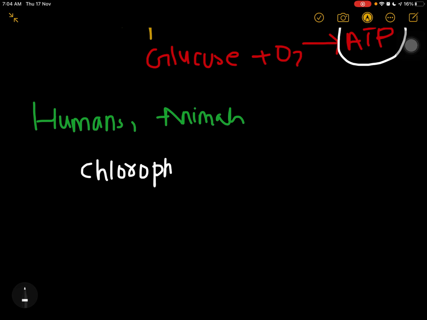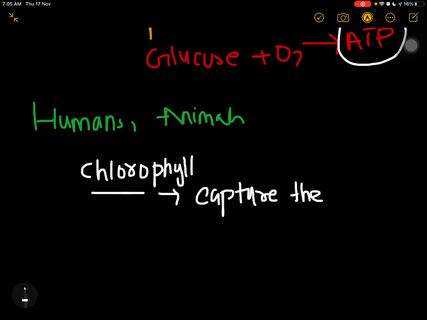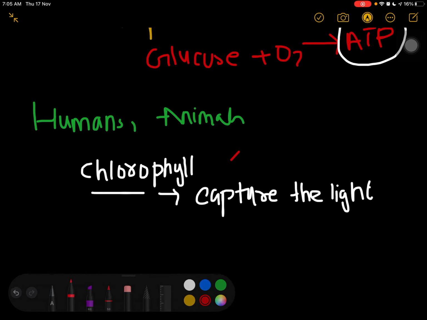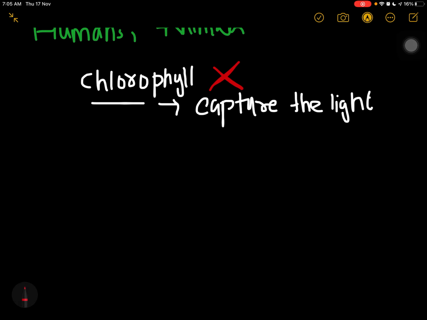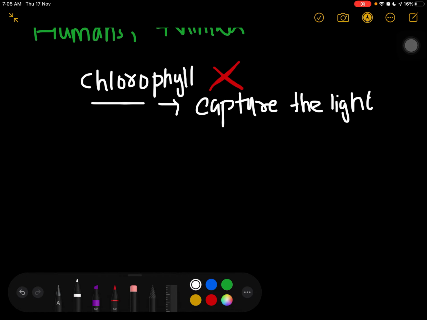Chlorophyll is not present, because chlorophyll is responsible for capturing the light, and it is not present in humans. Now what will happen is that we humans and the animals consume these plants.